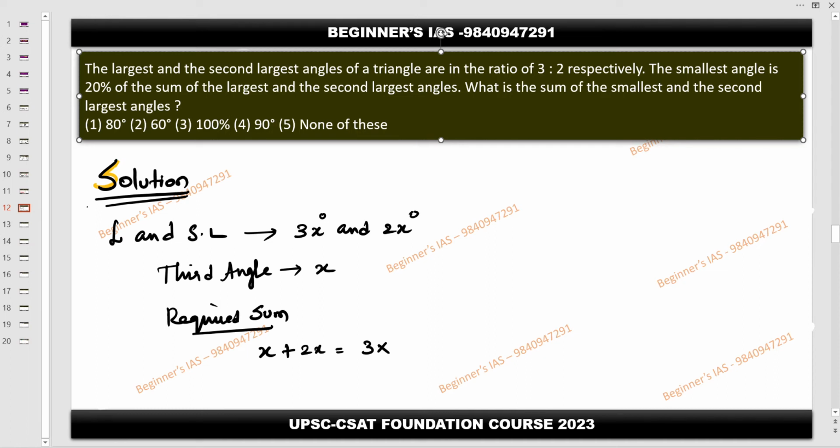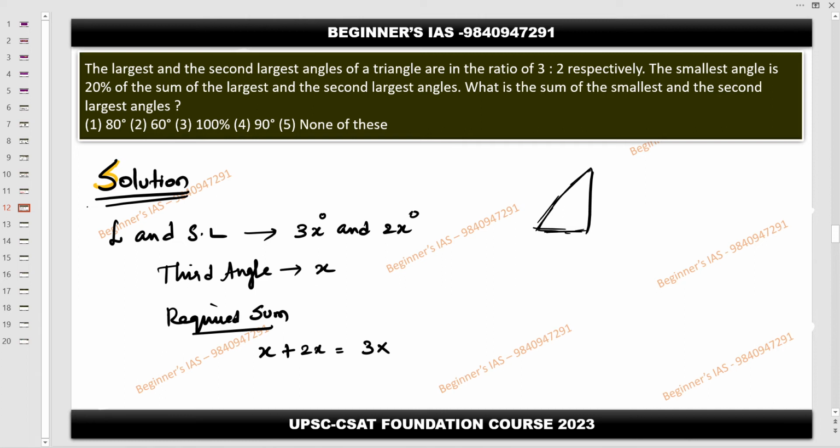What is the sum of the angles in a triangle? In a triangle totally 180 degree, right?